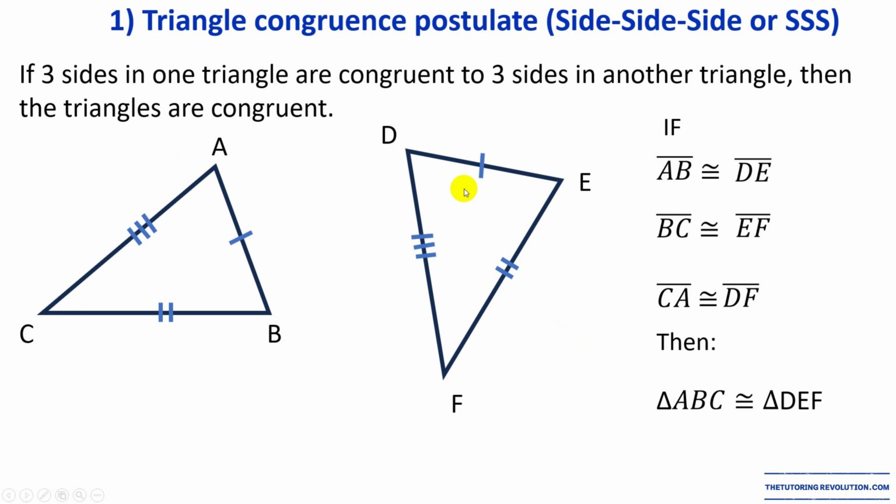Okay? So if the 3 sides are congruent to the other 3 sides of this other triangle, then we can conclude that the two triangles are congruent. That's the first postulate, SSS.